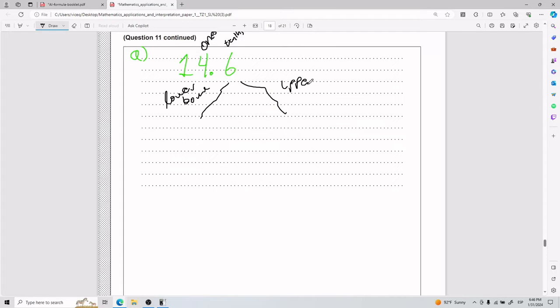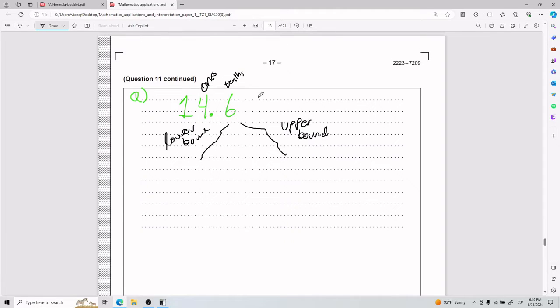So think about the lower bound as the smallest you can get and still estimate it to 14.6 to the nearest tenth. So, for example, I'm just going to make it a little bit smaller. I'm going to have 14.59. See? So you round it. Do you end up with 14.6? Yes.